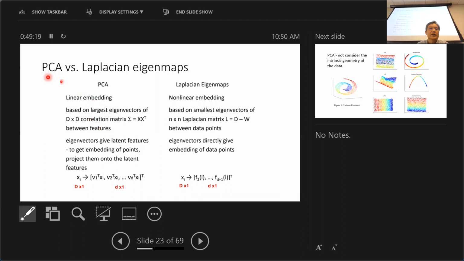In reality, there is a link between Laplacian eigenmap and PCA. You can consider Laplacian eigenmap as a more generalized version of PCA. PCA only considers the covariance matrix. There's only one, but a similar idea.